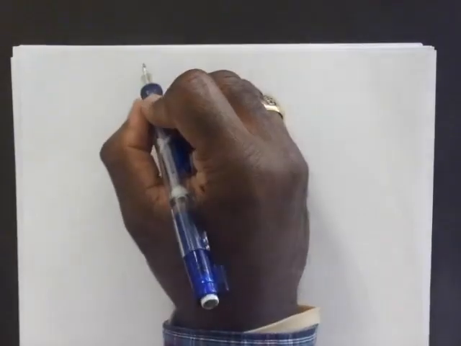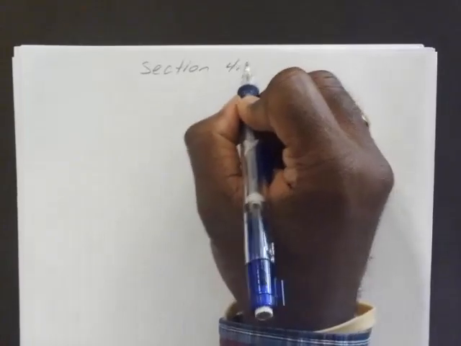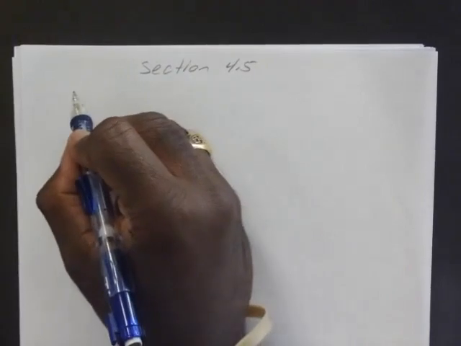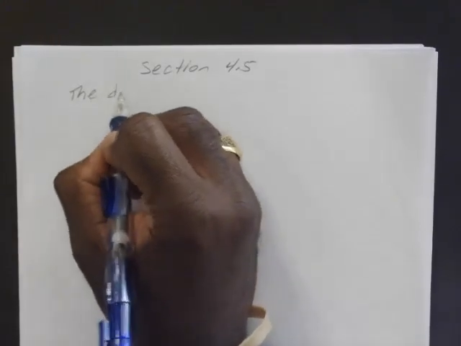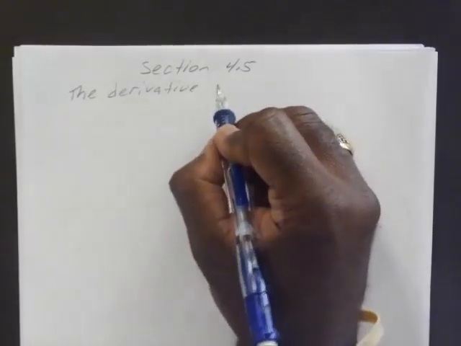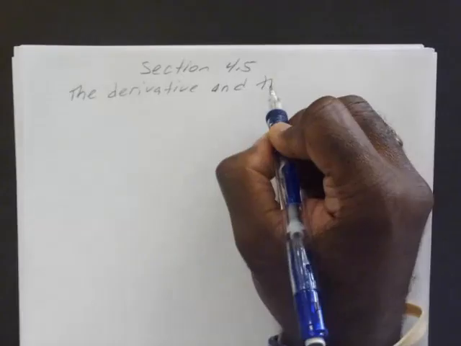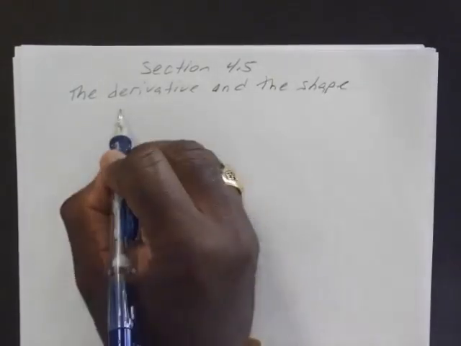Okay, so for section 4.5, we're going to look at how the derivative can help make the shape of a graph. The derivative and the shape of a graph.